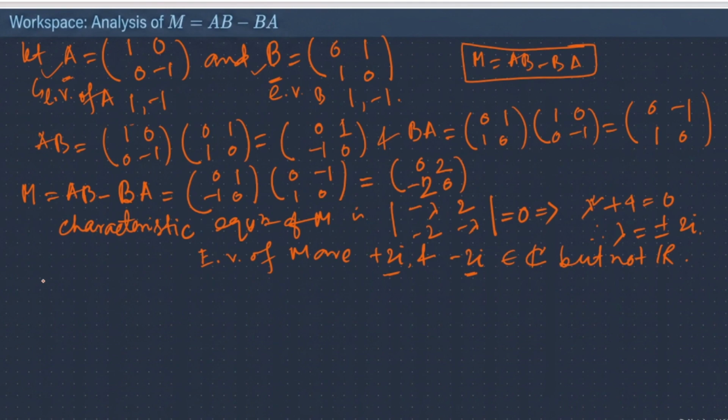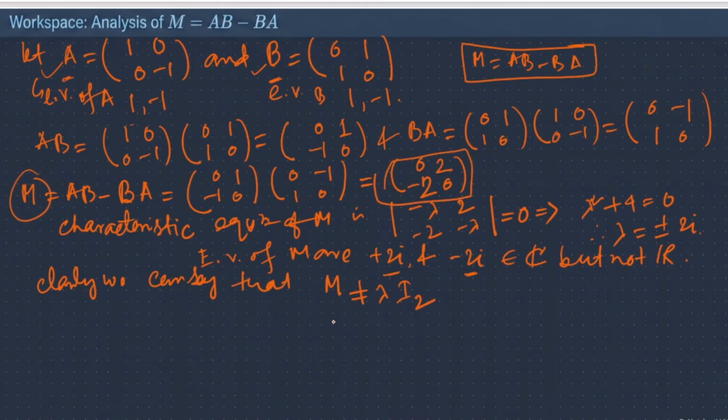And clearly we can say that M cannot be written as lambda I2 for any lambda.